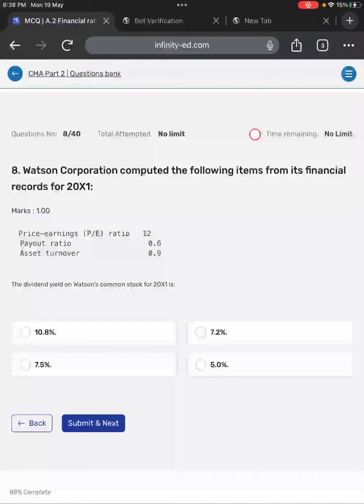PE ratio is 12, payout ratio 0.6, asset turnover 0.9, and we have to calculate the dividend yield. This is very short but a technical thing.